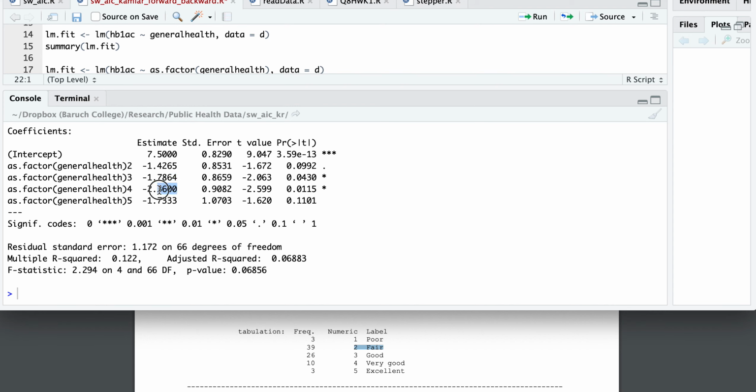And those who view themselves as having very good health tend to have on average negative 2.36 less than poor. The interesting thing is the pattern here: these numbers are increasing, so the better they see themselves, the more the difference.